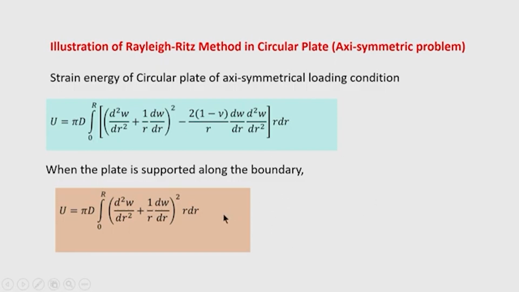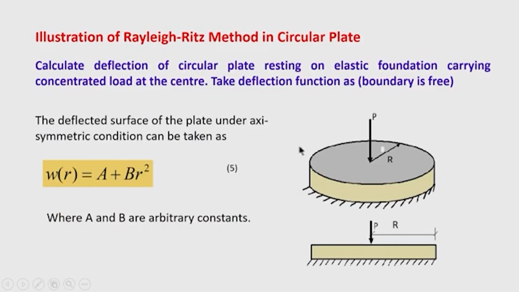But consider here a problem in which a circular plate is resting on an elastic subgrade. Just imagine it, or idealize a foundation slab, that is, a circular footing, for example, a circular footing for a circular column.